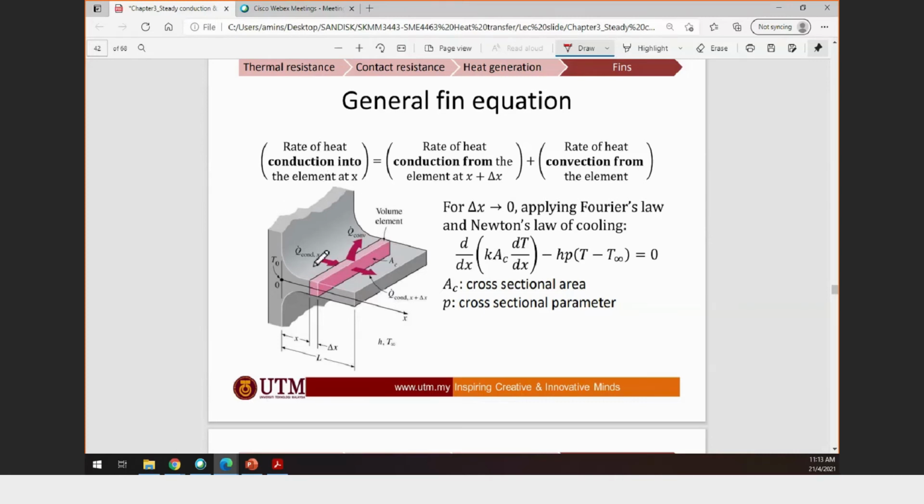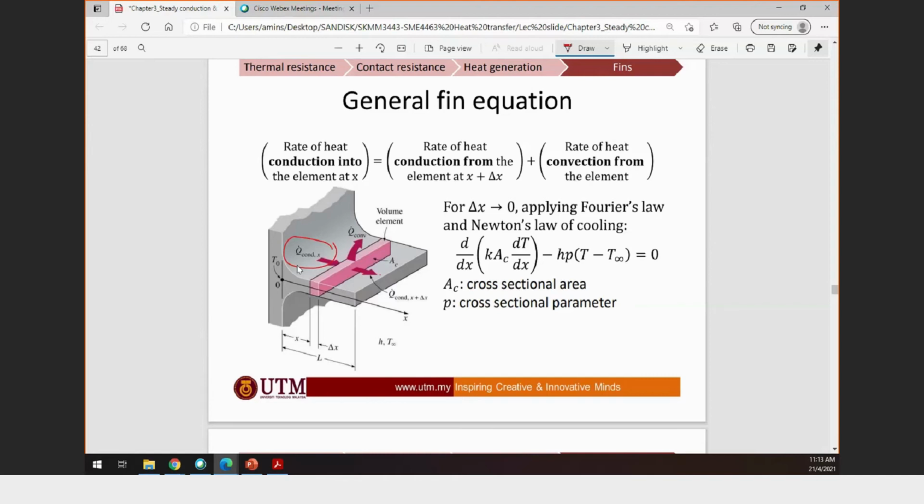if you look at this particular figure, the heat input, which is by conduction, is equal to the heat rate by conduction.